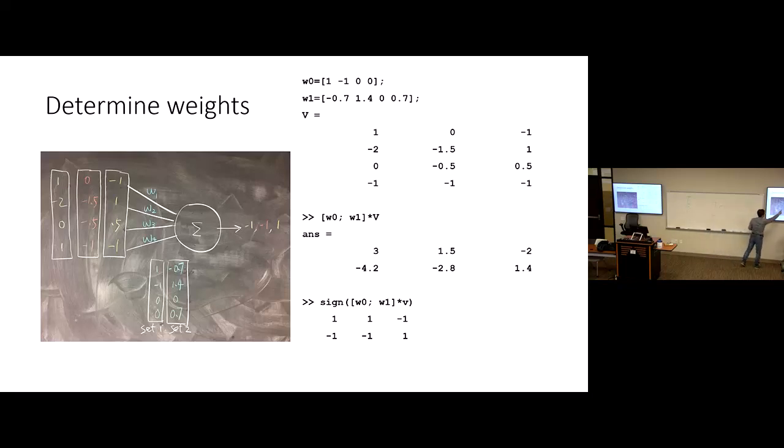If I set the first set of weights as 1, -1, 0, 0. And I also know the answer for output 1, because I'm training this model. I know the answer is negative one.